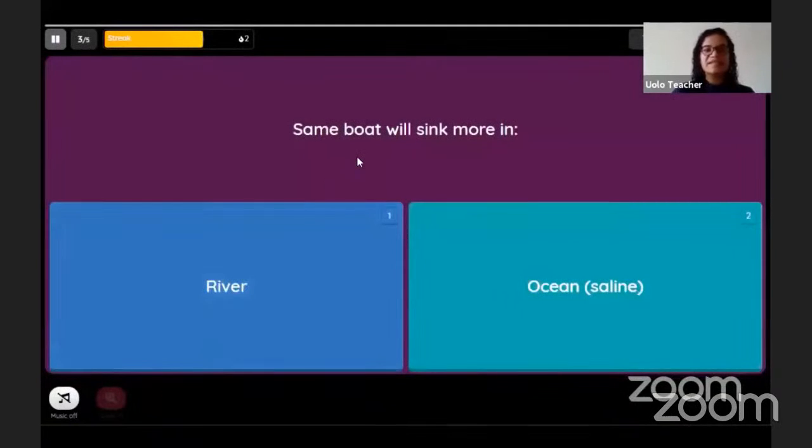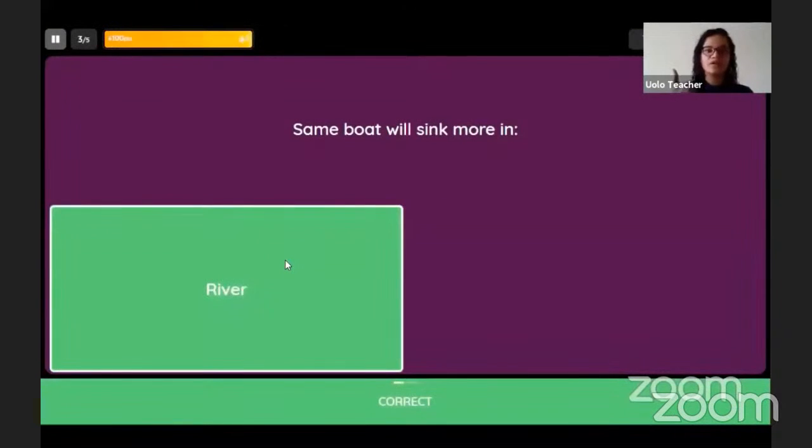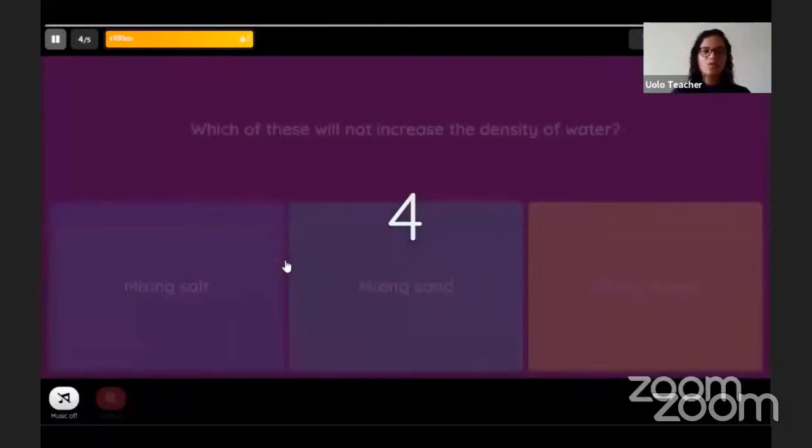Same boat will sink more in, what do you think? The boat will sink in river water or ocean water? Saline means salt water. So what do you think? Will it sink in salt water or normal fresh river water? That's right. It will sink down in river water. Good job, everybody.